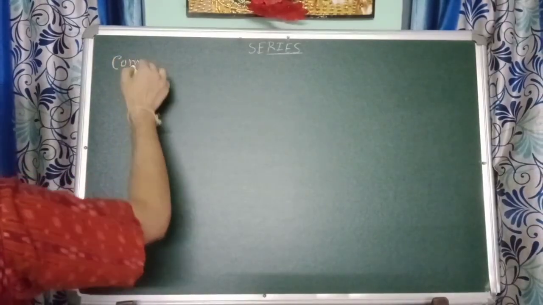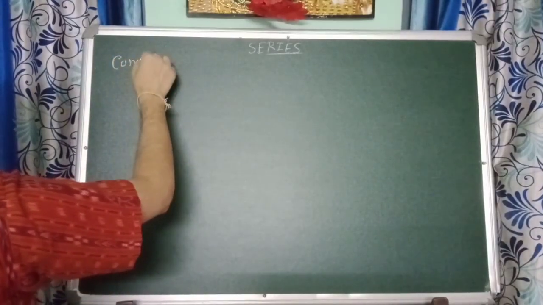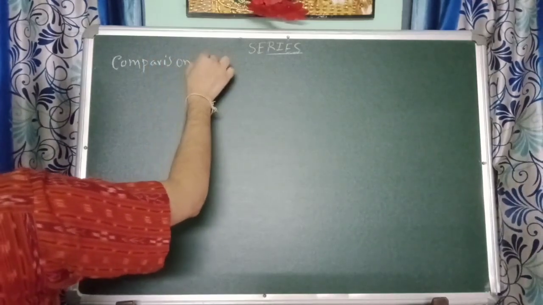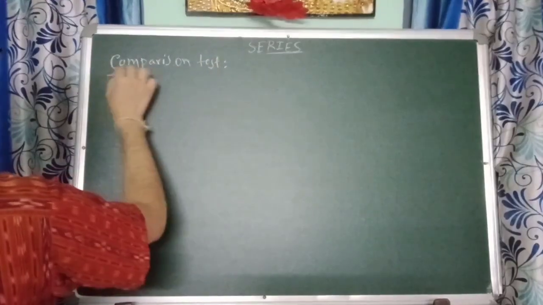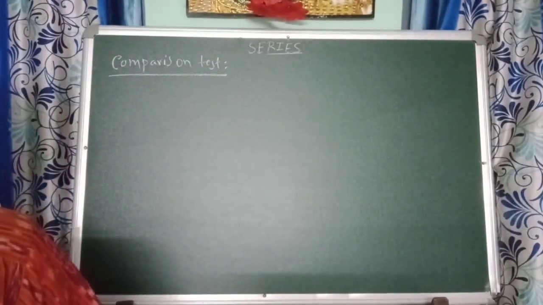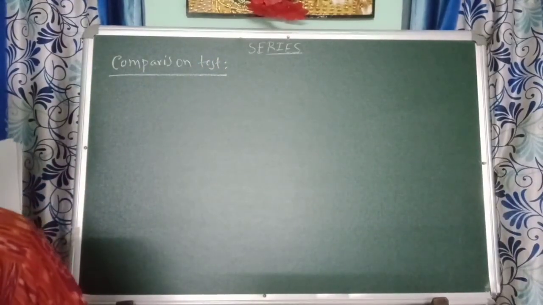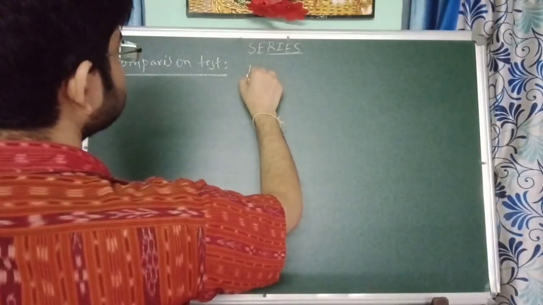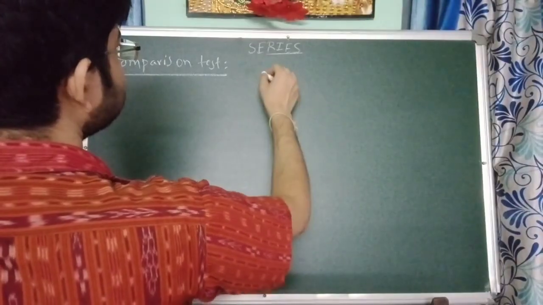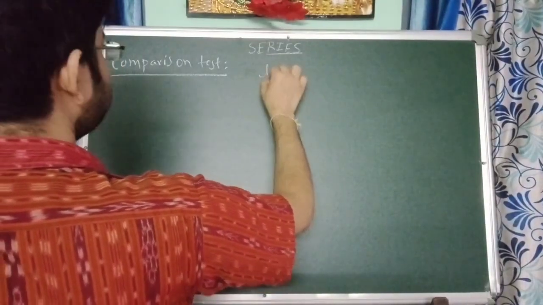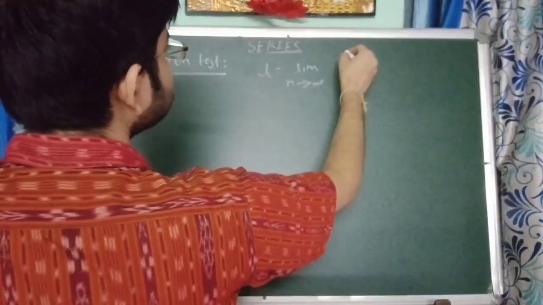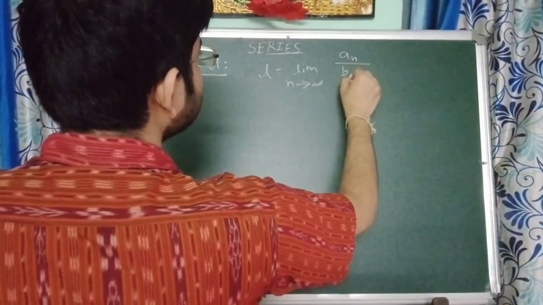Next we discuss a very important test, the comparison test. First we assume that L equals the limit as n tends to infinity of a_n by b_n.